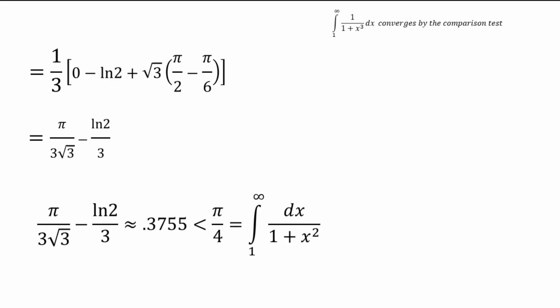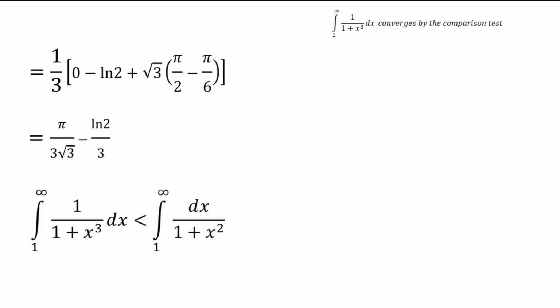That's pi over 4. Which then makes sense because I know that the integral from 1 to infinity of 1 over 1 plus x cubed has to be smaller than the integral from 1 to infinity of dx over 1 plus x squared, because the integrands are smaller.